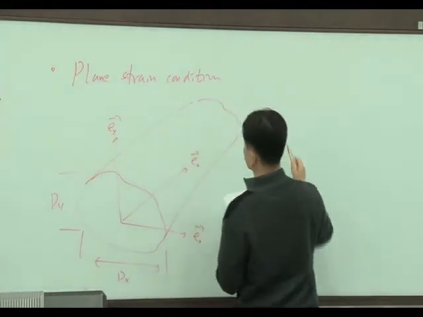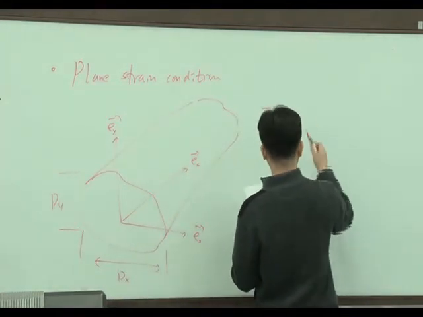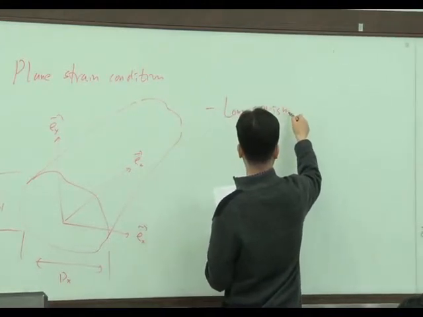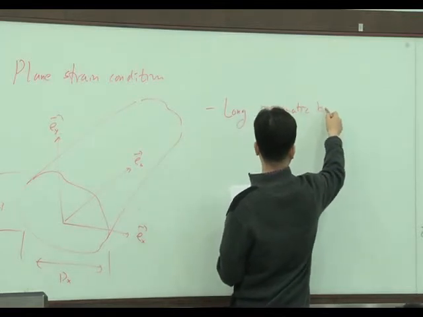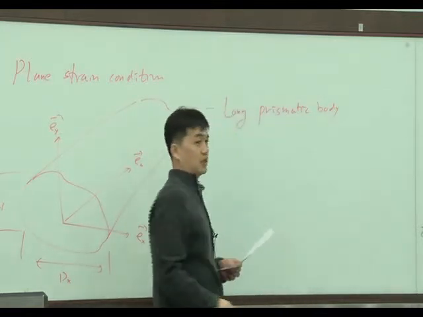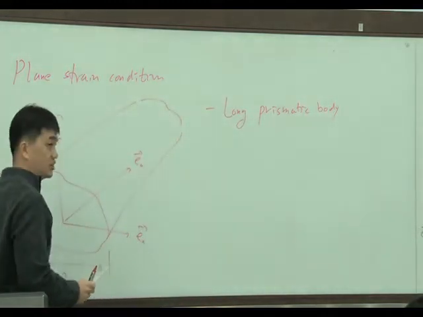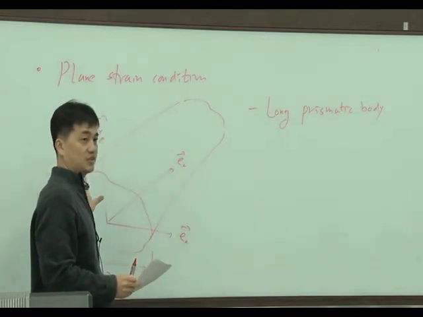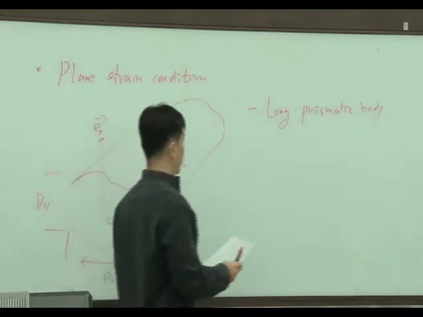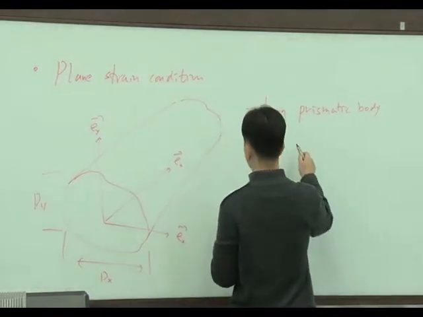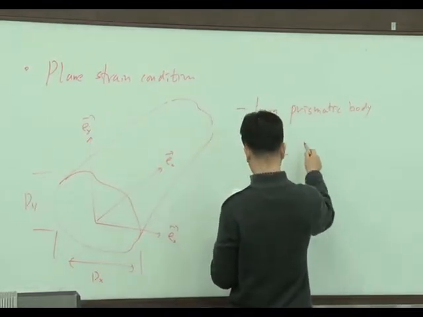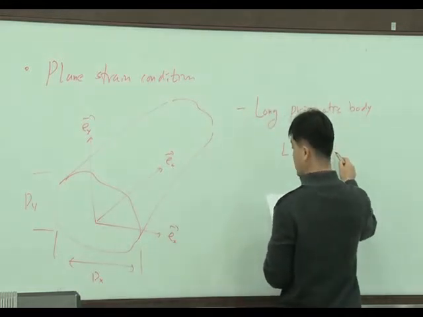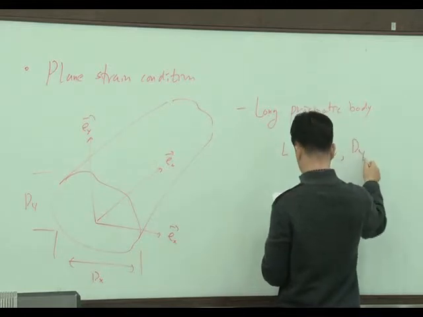We use the plane strain condition for a long prismatic body. Prismatic means the section doesn't change along the z-axis. Same section for a long prismatic body. So the length of this body is much bigger than the dimensions of the cross section, dx and dy.